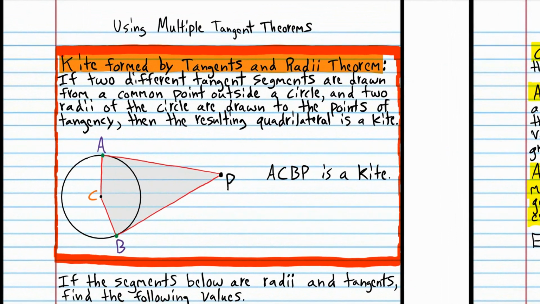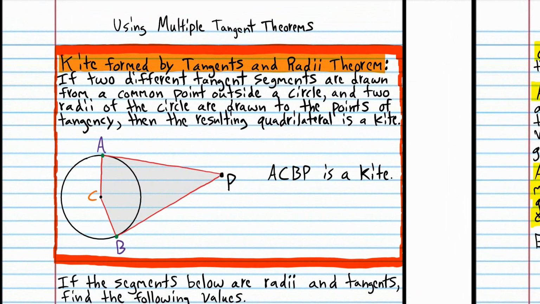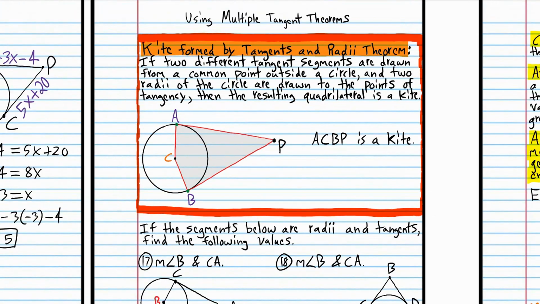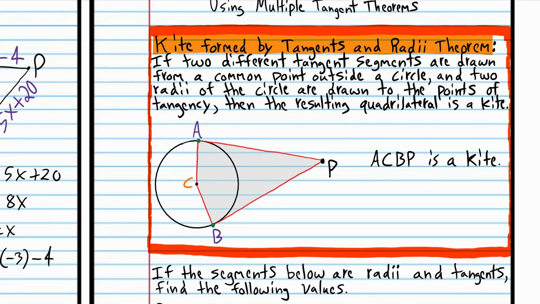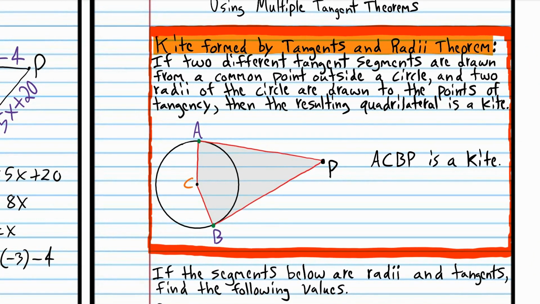All right, moving along here. Now we're going to combine two of those tangent theorems that we used. We learned a theorem that says that if you have a tangent segment that meets the end point of a radius at that point of tangency, then that means the angle between them is 90 degrees.